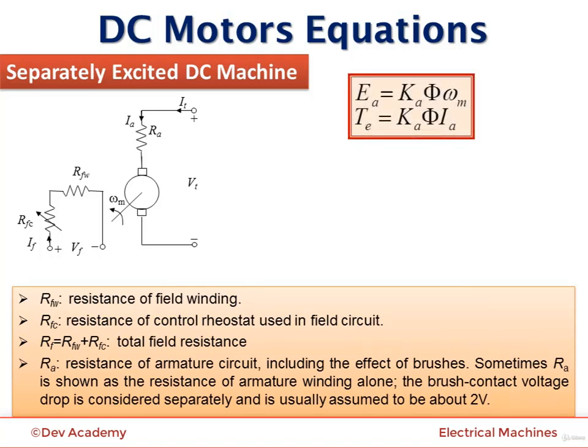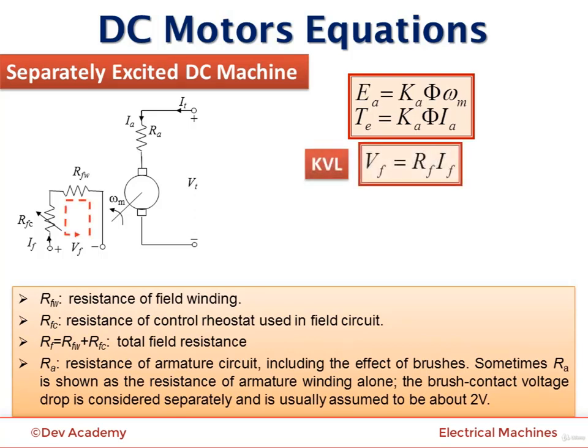Recall that in part 3 we have demonstrated the expression of the back EMF and developed the torque as a function of the flux, speed, and armature current. These equations apply to all types of DC machines and do not depend on any classification. Now, if we consider the field winding circuit and apply KVL, we can write that VF is equal to RF IF.